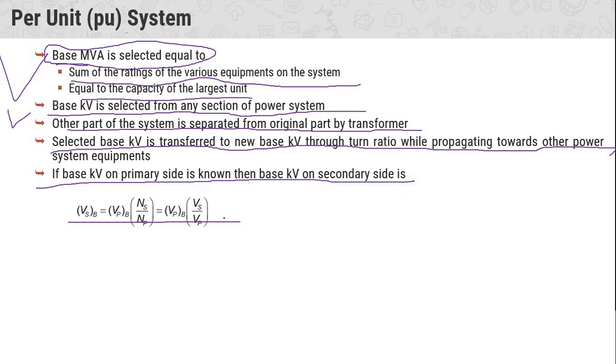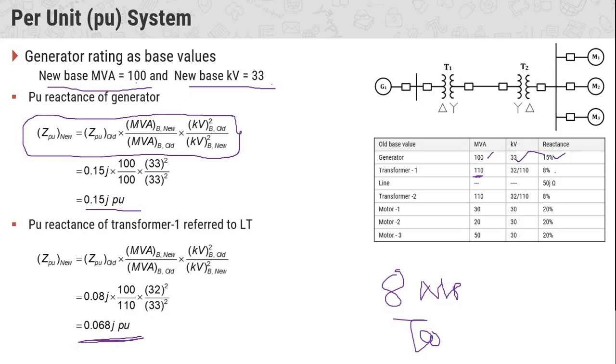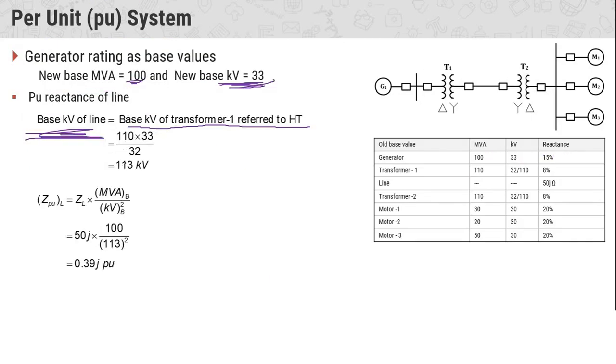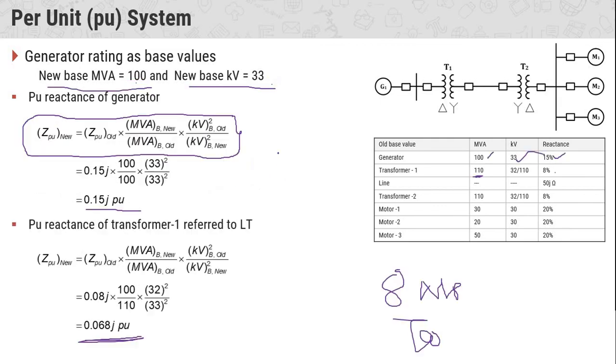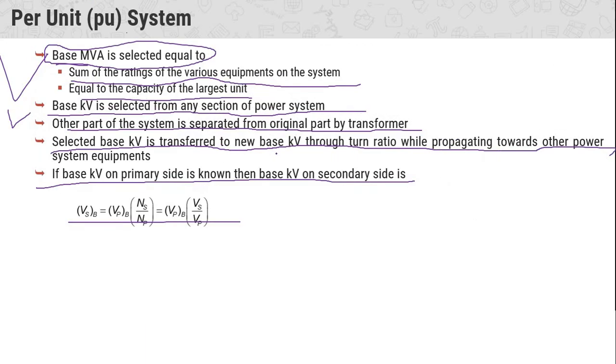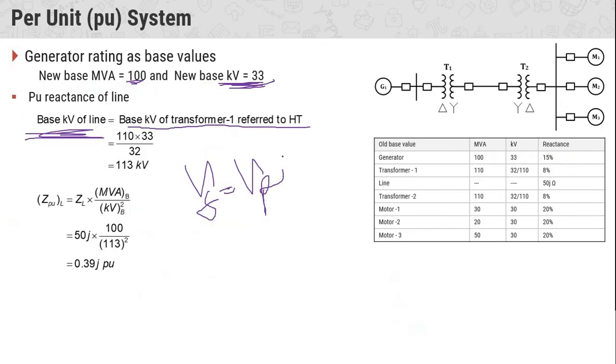This is found from this value. We have to find Vs because it is the higher side. So Vs is equal to Vp into Vs by Vp.